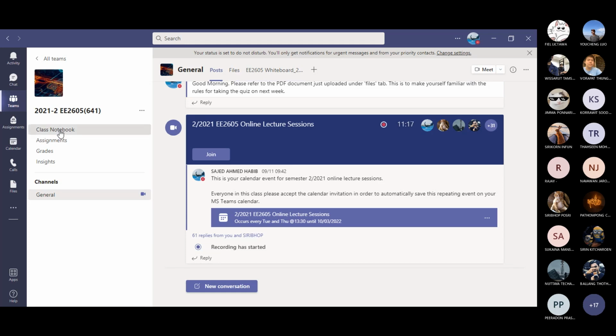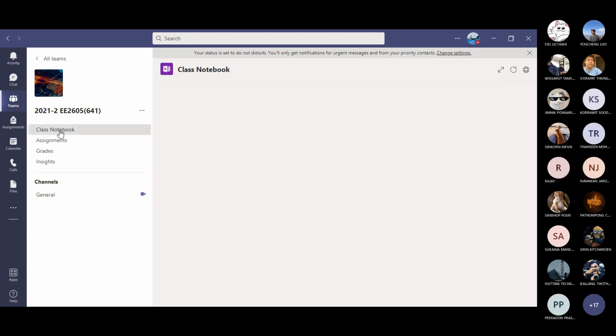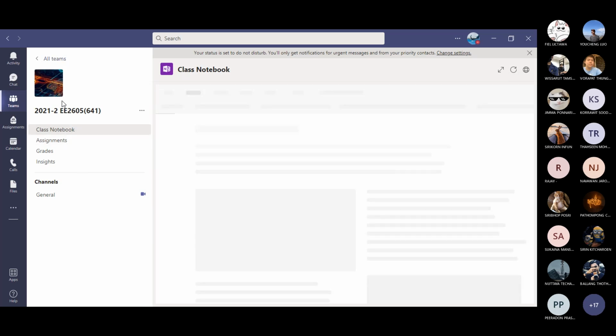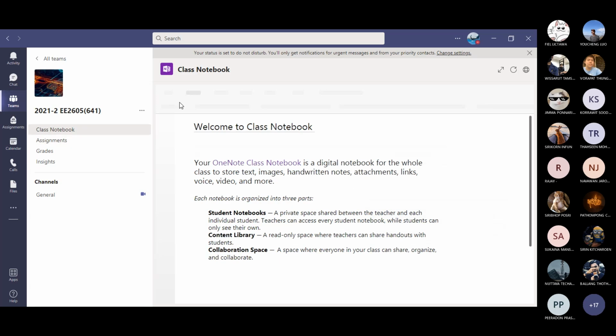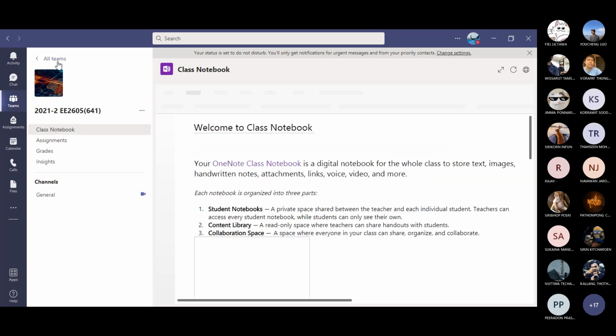Maybe we should do it on the class notebook. The whiteboard, I can possibly do it on the whiteboard if it works. All teams. No, let's go to the whiteboard maybe.